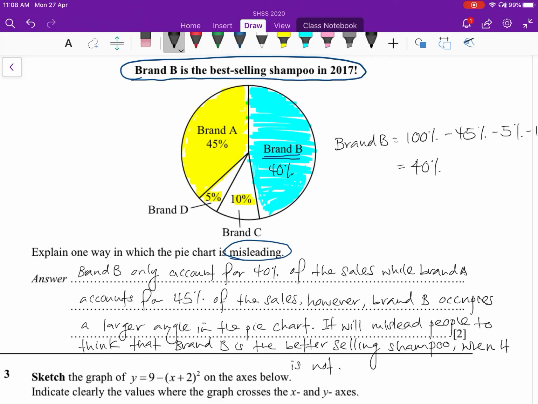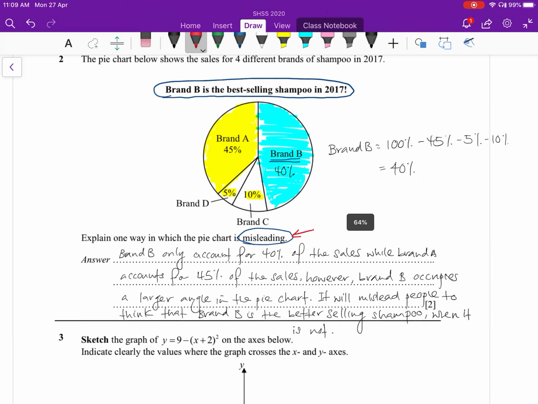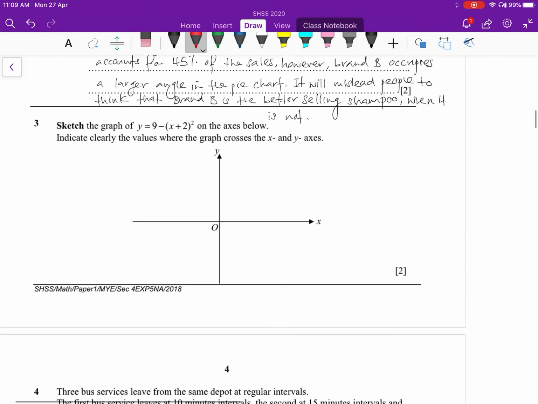So you got to answer the question at the end of the day. You still got to answer why is it misleading. It's misleading because brand B is not the best selling shampoo. Now let's take a look at question number 3.